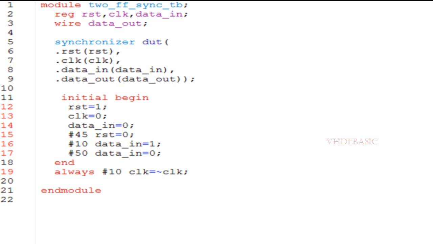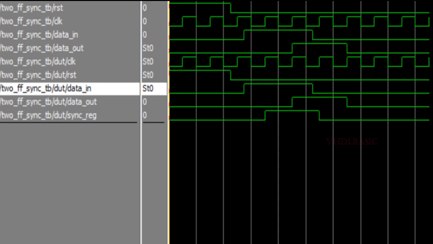Moving to the waveform so that we can understand more about the two-stage synchronization. Here this is our destination clock, this is the reset of this particular synchronizer, this is the input of the synchronizer and this is the output of the synchronizer. Once reset is released, data goes high, but here we are using the positive edge of the clock to sample data in.